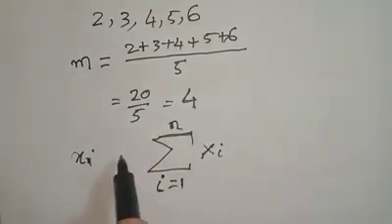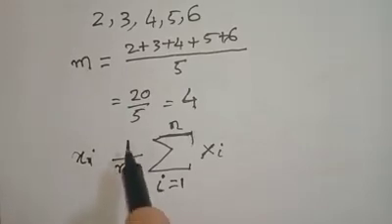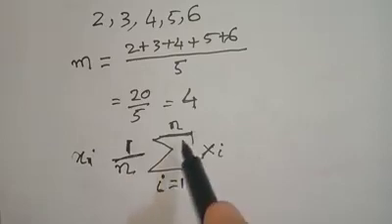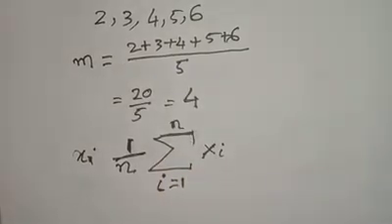And obviously it would be 1 by n, because we have to take the average and division. So 1 by n sigma i equals 1 till n of xi gives us the mean of the numbers. This is the way in which we can calculate the mean.